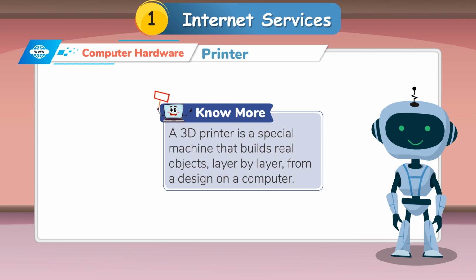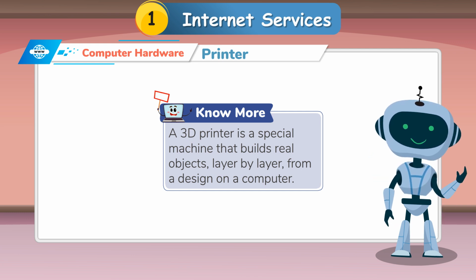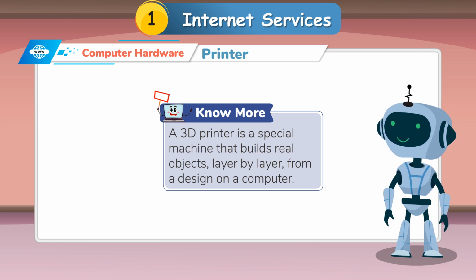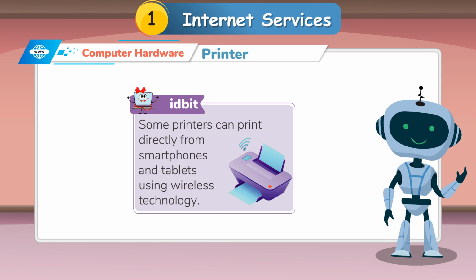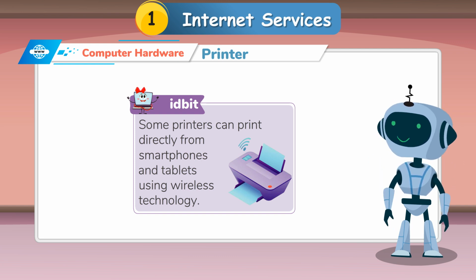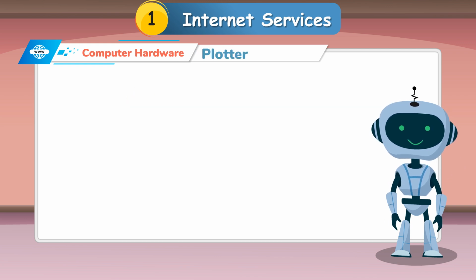Did you know? A 3D printer is a special machine that builds real objects layer by layer from a design on a computer. Tidbit: some printers can print directly from smartphones and tablets using wireless technology. Plotter.